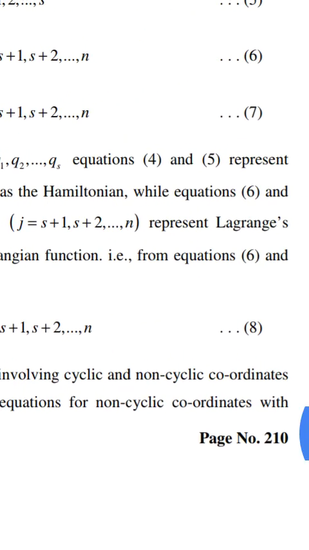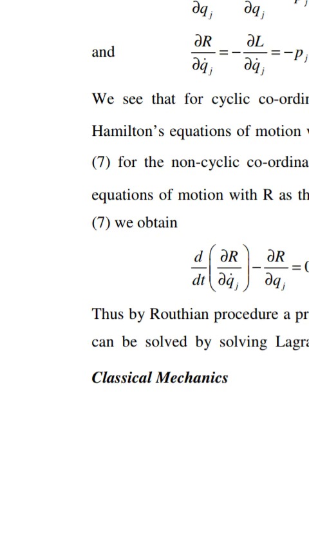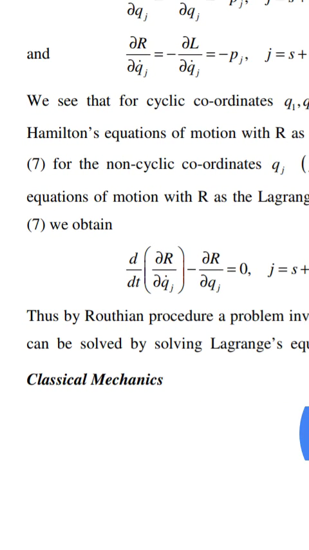That is, from equations 6 and 7 we obtain d by dt of dou R by dou qj dot minus dou R by dou qj equal to 0.